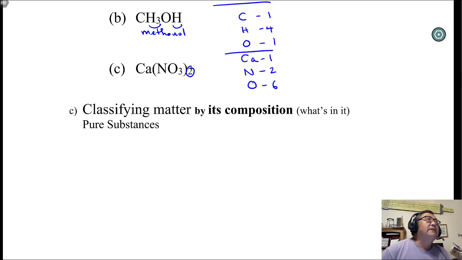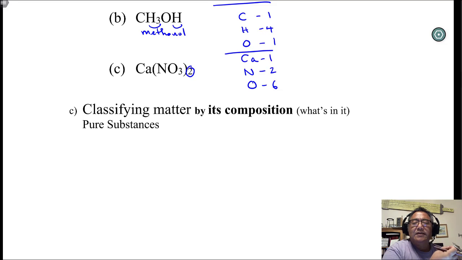Okay, so let's talk about other ways that we can classify matter. Matter can be classified according to its composition. And what I mean by that is you can have pure substances, and then you can have mixtures, okay? So in a pure substance, what do you think of when something's pure, right?